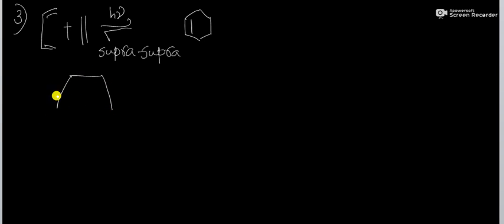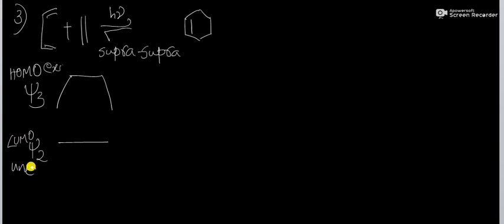In the case of C4 system, which is HOMO in the presence of light, that is Psi3 is HOMO for excited, and for C2 system, Psi2 is the LUMO, unexcited state.